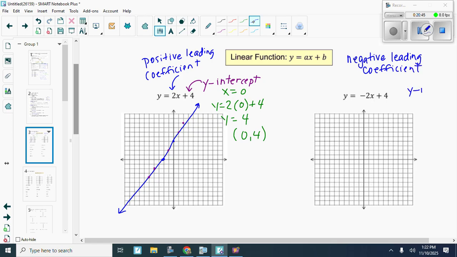This is still our y-intercept, so we're still going to hit 0, 4. But now our rise over run is negative. So that means that we are going down 2 and over 1. So down 2 over 1, down 2 over 1. So we could plot our points and connect our dots.